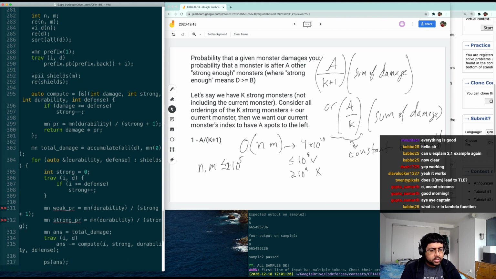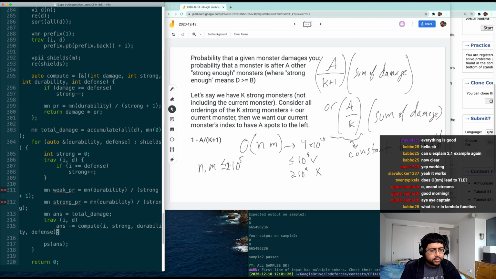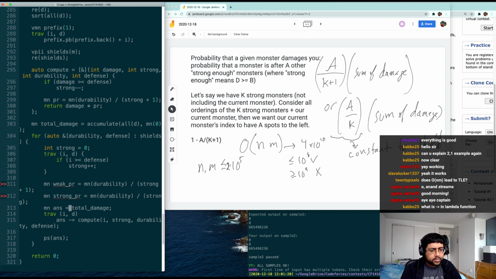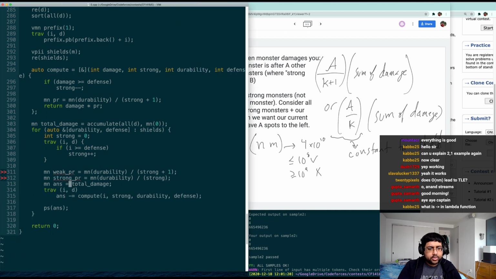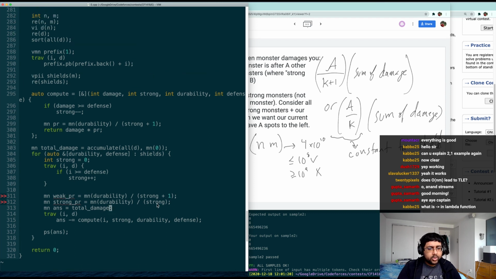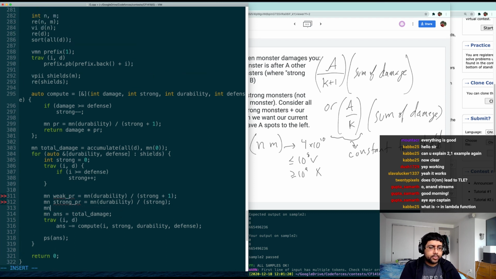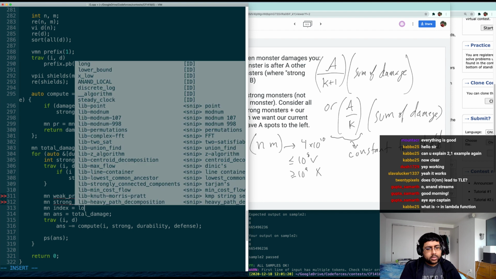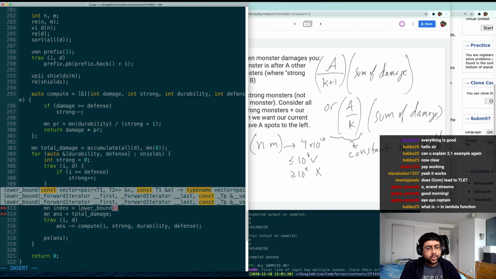I'll make this a little bigger so it's easier to read. Okay, cool. So what we want to do here is find the first monster that's strong. What this will tell us is how long the prefix of weak monsters should be.